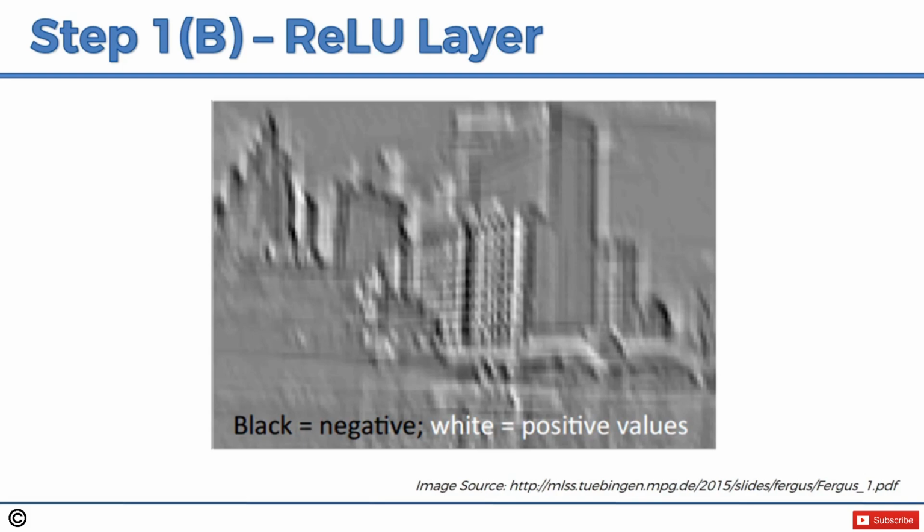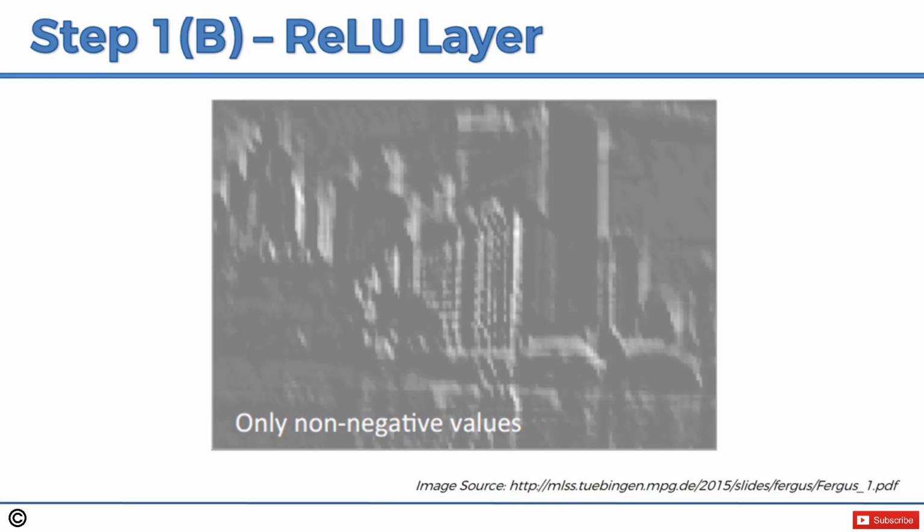Here the black ones are negative, white ones are positive. And what a rectified linear unit function does is it removes all the black. Anything below 0 turns into 0. And so from this, it turns into this, right?